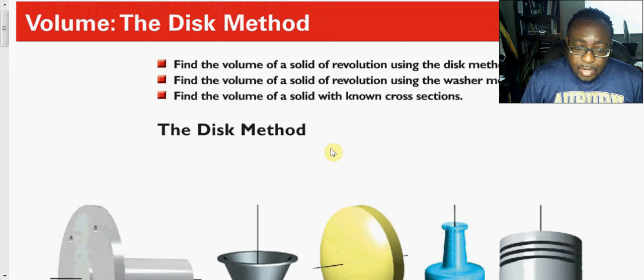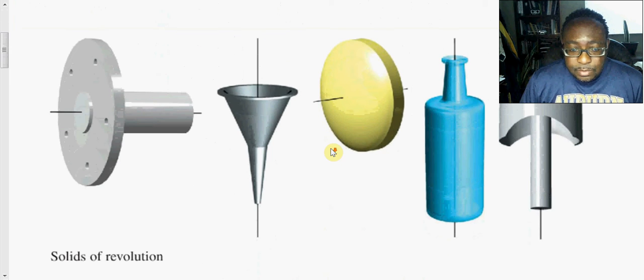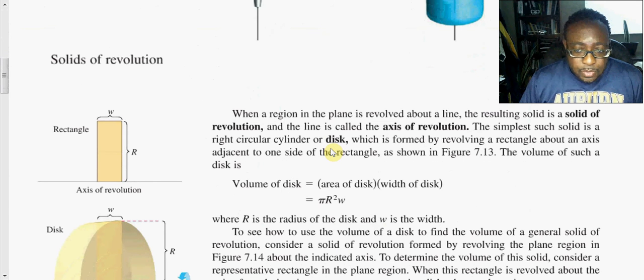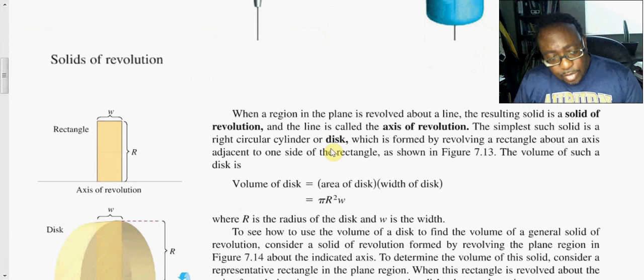Here we calculate the volume of a solid that's being rotated on some type of axis. Various solids that we will consider. The key to calculating the volume using the disk method is to be able to calculate the rectangular slice.